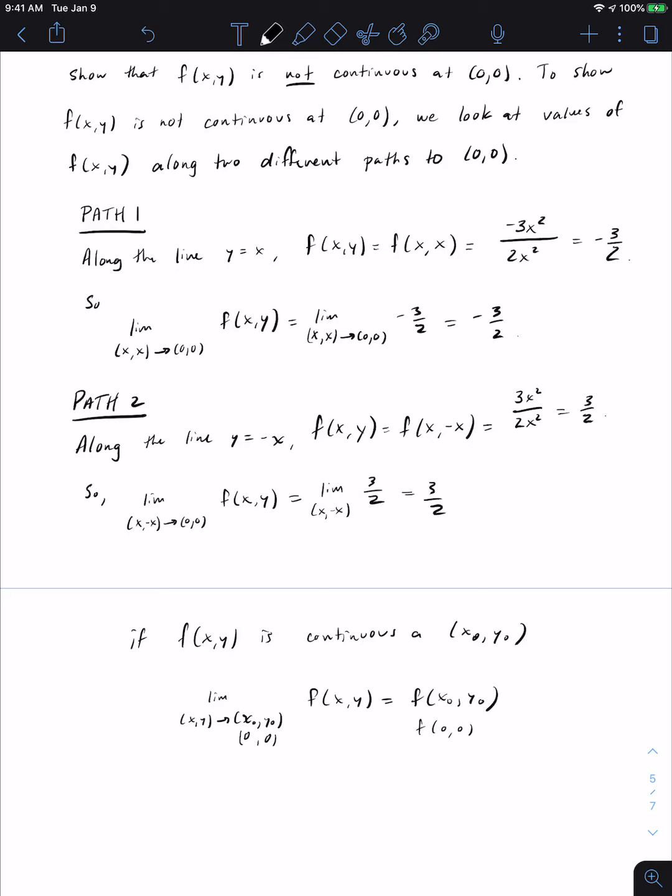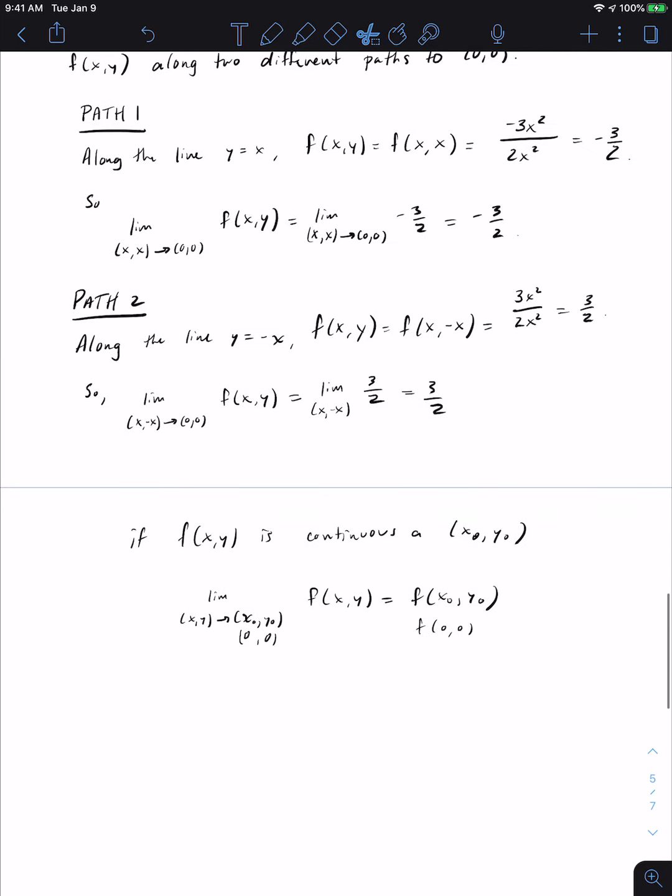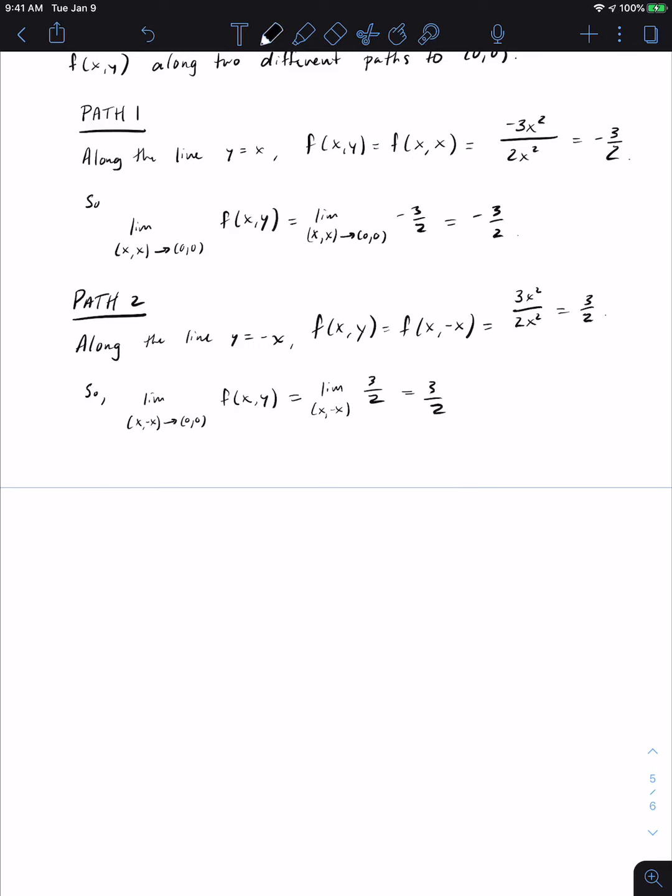So I have nowhere to plug anything in, so it's 3 halves. So on one path, it equals 3 halves. On the other path, it equals negative 3 halves. So my limit, in general, cannot exist, right?